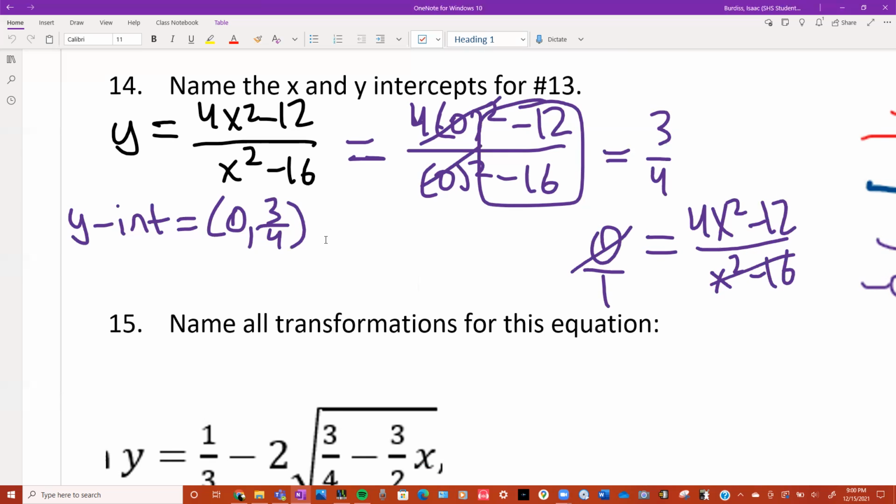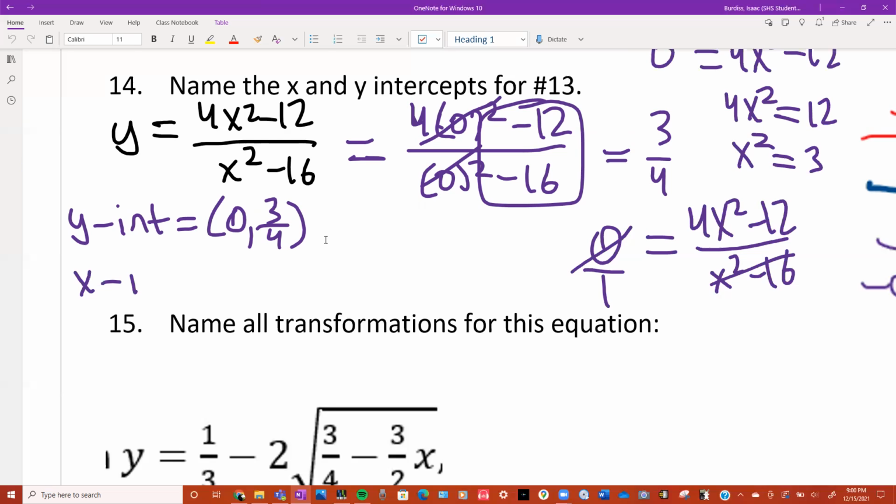So you end up with this equal to 0. That would be 4x squared equals 12, x squared equals 3, and the x-intercepts are negative and positive square root of 3, 0. So that's a little bit harder, but not really that much.